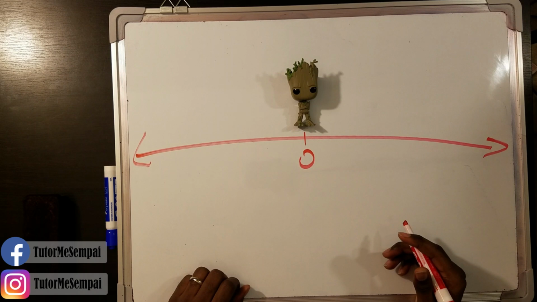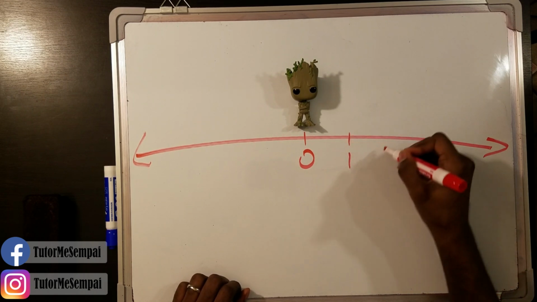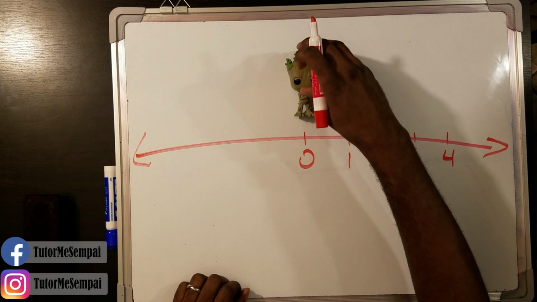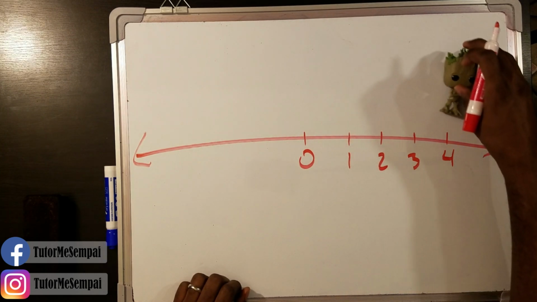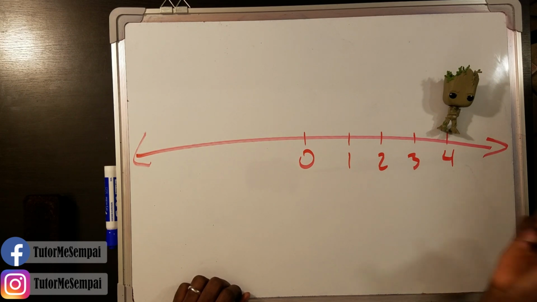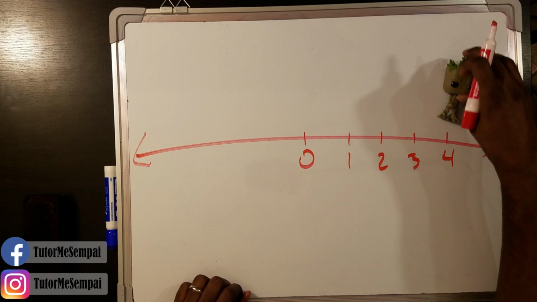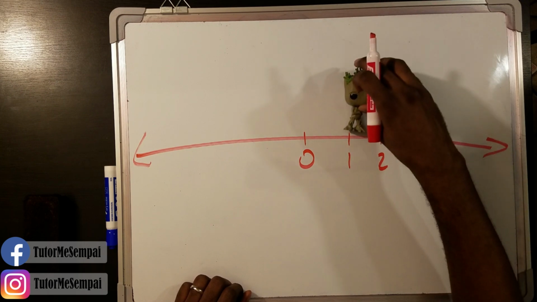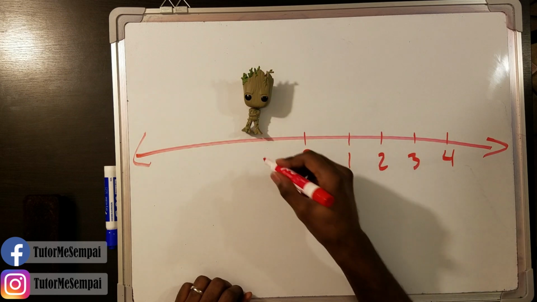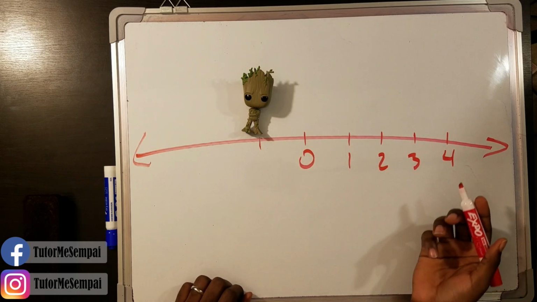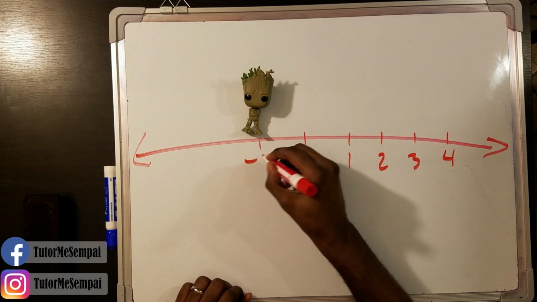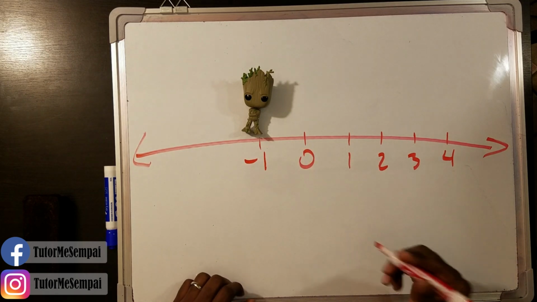So if you're starting at 0 and you want to go up 1, 2, 3, 4 again, so 1, 2, 3, 4, instead of stopping at 0, if we're saying, hey, go backwards 5, we can do 1, 2, 3, 4, and then go 1 more, right? And if we went 1 more beyond 0 in the negative, that's going to say -1 is where we're stopping.